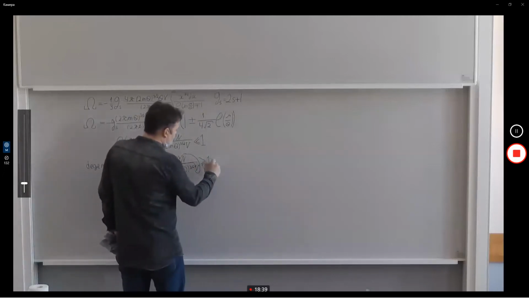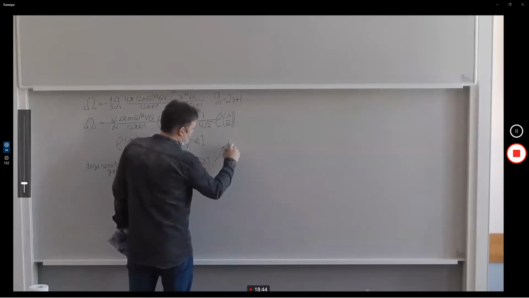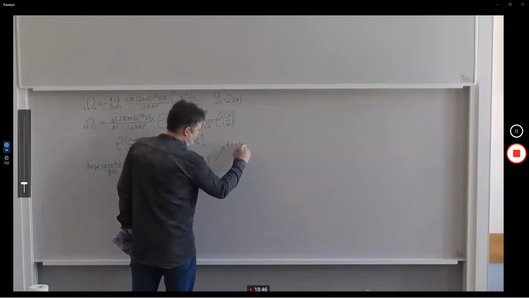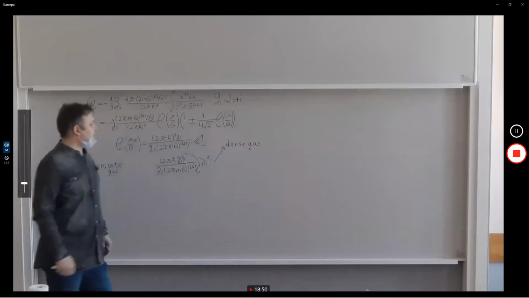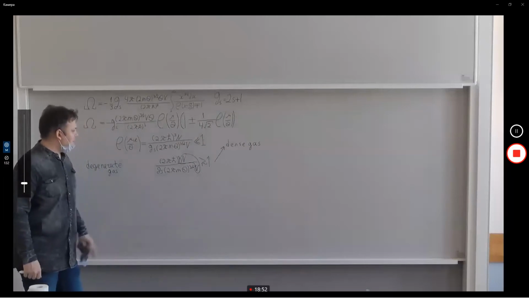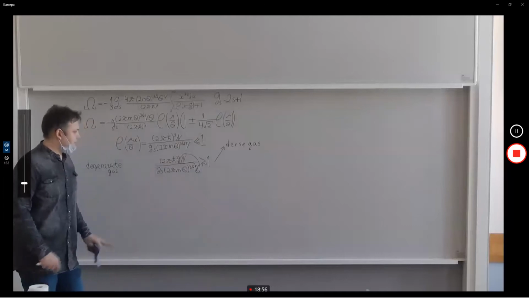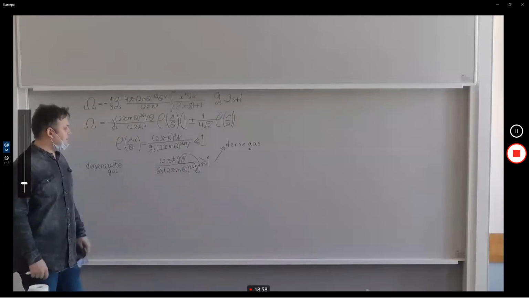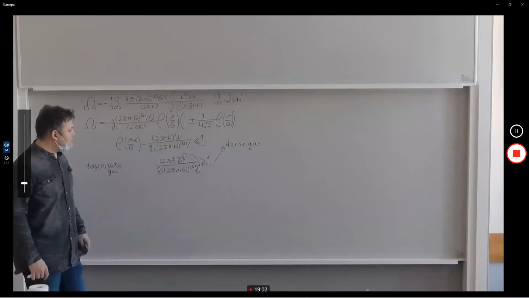So the first option is a dense gas. By dense, I mean that the ratio n divided by V is very big, so it is a much denser gas than in usual conditions.